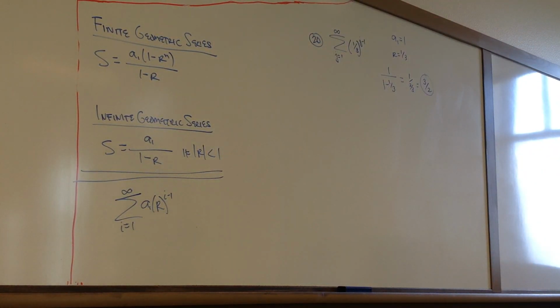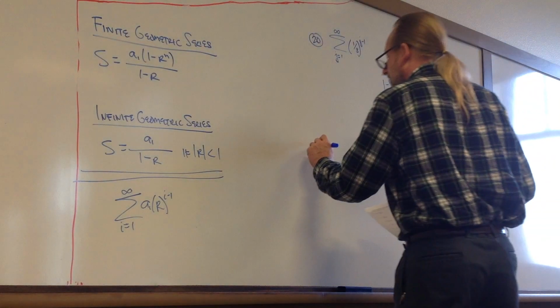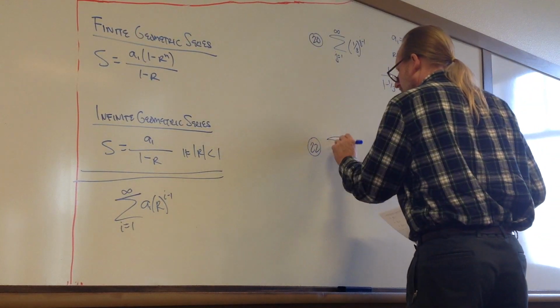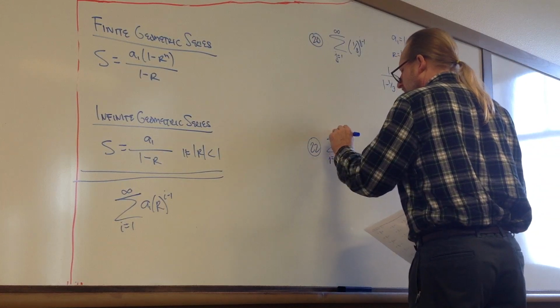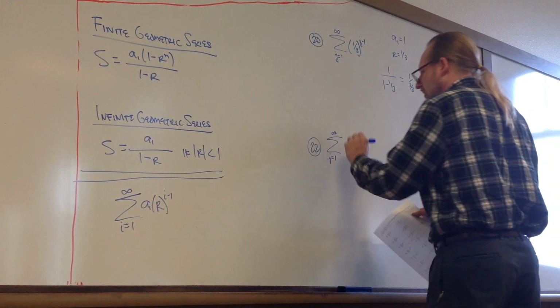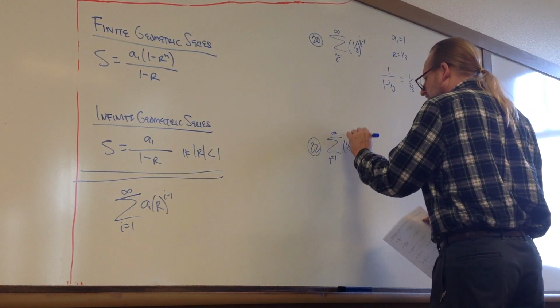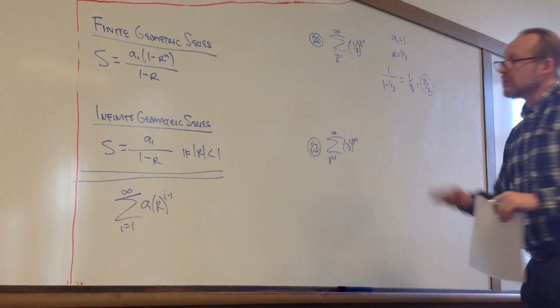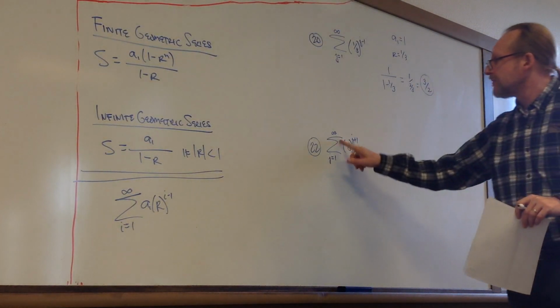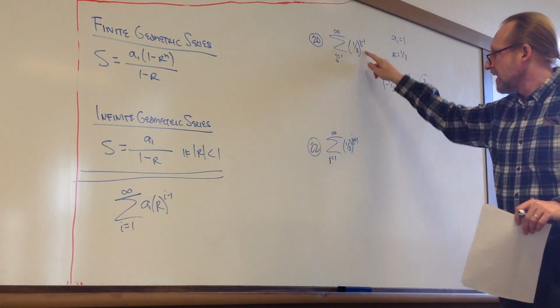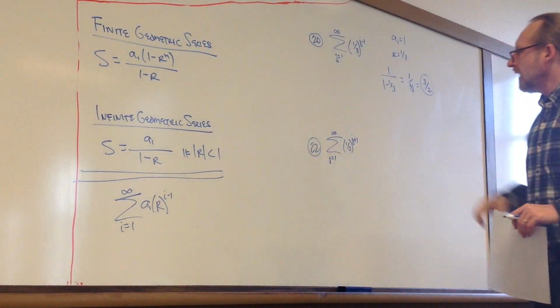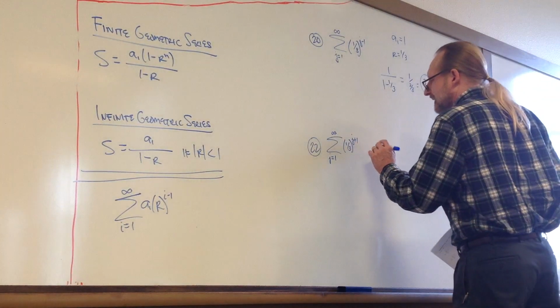All right, let's see here. Yeah, 22 is kind of interesting. So here we've got a sum from 1 to infinity of 1/3 to the j plus 1. So this is not in standard form, even if you think of this as being a 1 in terms of the coefficient. This is j plus 1, and so this is not standard form.